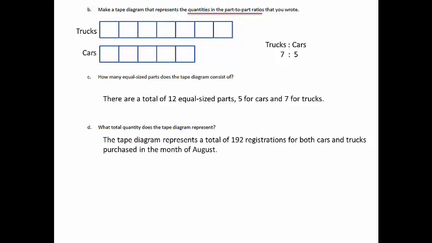Well, if we look back at our problem, the tape diagram represents a total of 192 registrations for both cars and trucks purchased in the month of August. So the whole tape diagram, all 12 of these boxes, represent a total of 192.